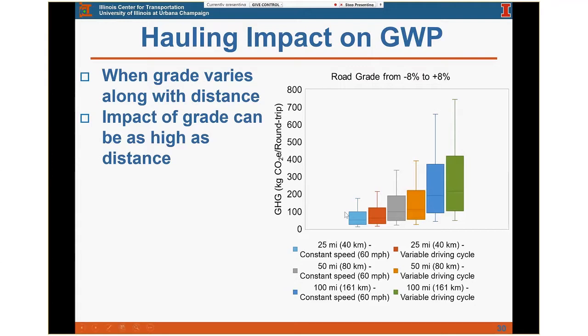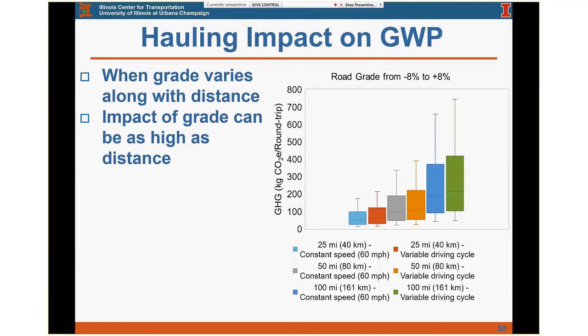Again, the same information, the bars are showing the hauling impact as the distance increases. We see a similar kind of increase in the greenhouse gas emissions with the distance, but we also see with this box plot the range of impact associated with the grade. So grade is also an important factor, almost as high as the distance. So it really depends on where you do the hauling.